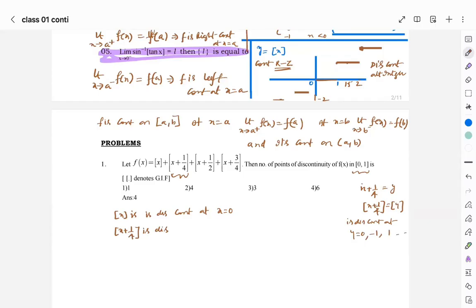Y equal to 0 means x will be minus 1 by 4. Y is 1, it will be 3 by 4. Y is minus 1, it will be negative. If you take y as 2, it is 1 and 3 by 4, but our interval is 0 to 1, I can't take negative values. It is discontinuous at x equal to 3 by 4.